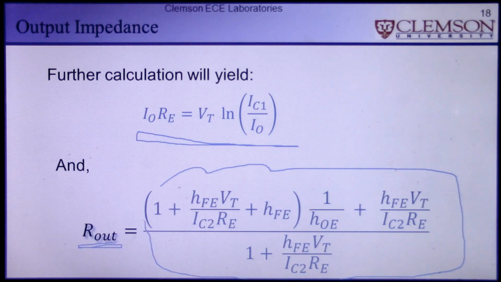But we don't actually care how it came here. For this experiment you can just use this equation. If you are interested, you can take a look at the lab manual. The detailed derivation is out there. You can see how this equals this, but for this lab we just use this equation.